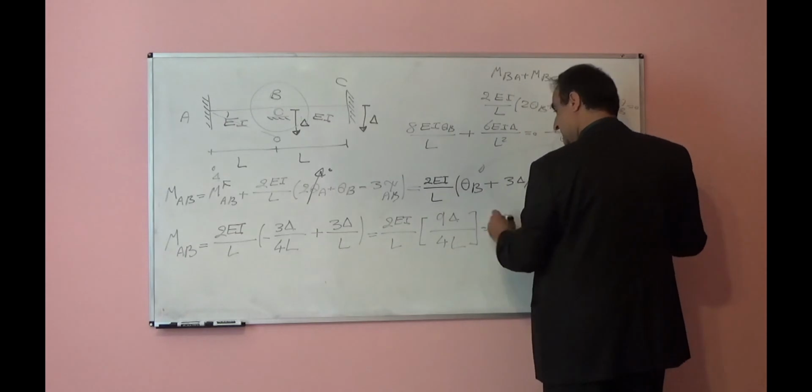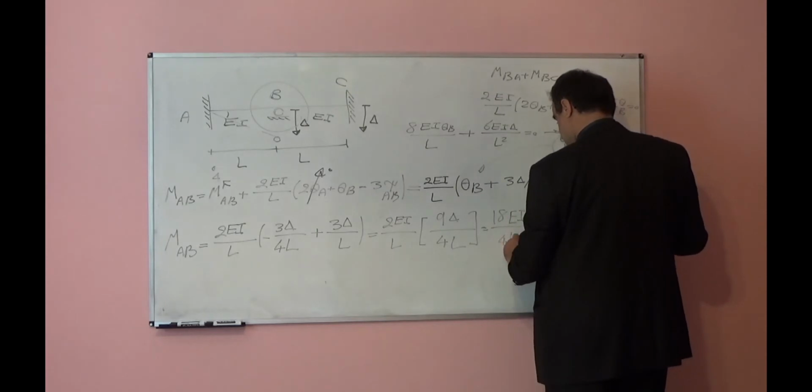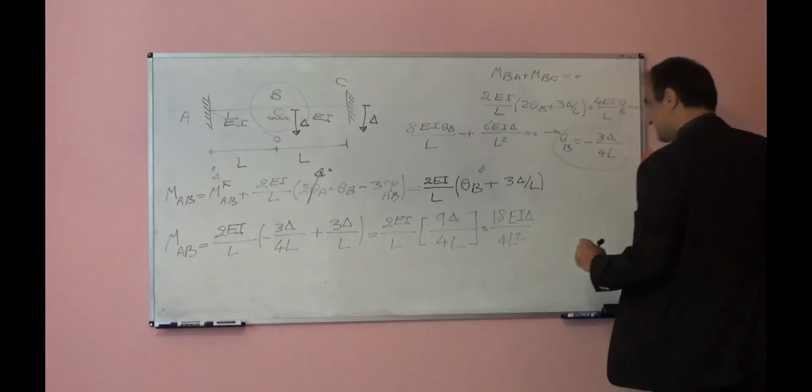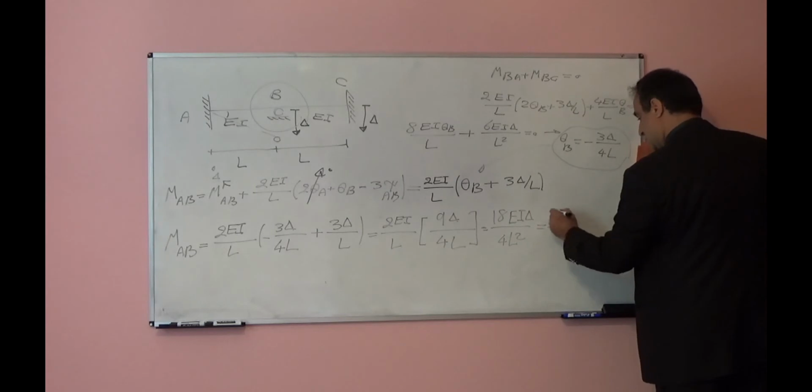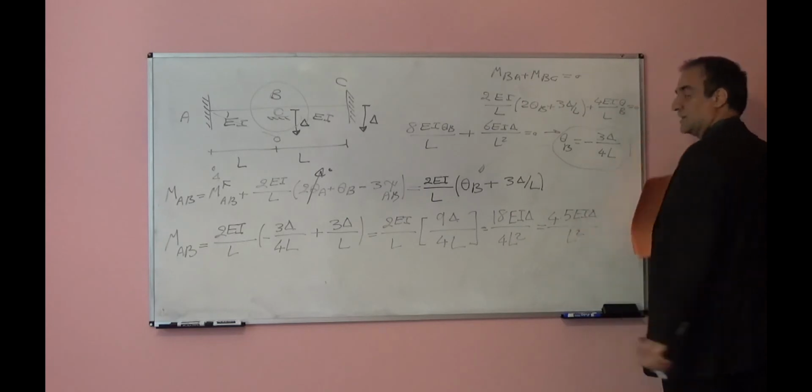This will be 18EI delta over 4L squared. That will be 4.5EI delta over L squared.